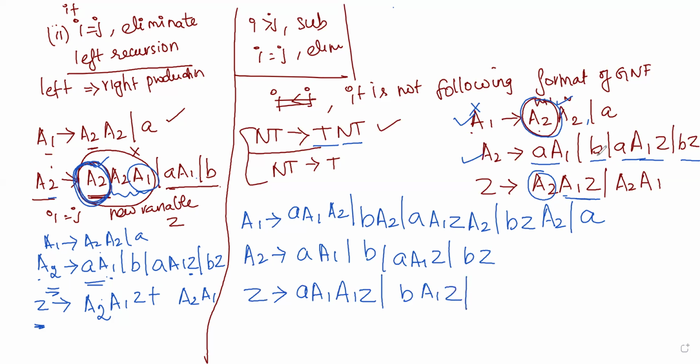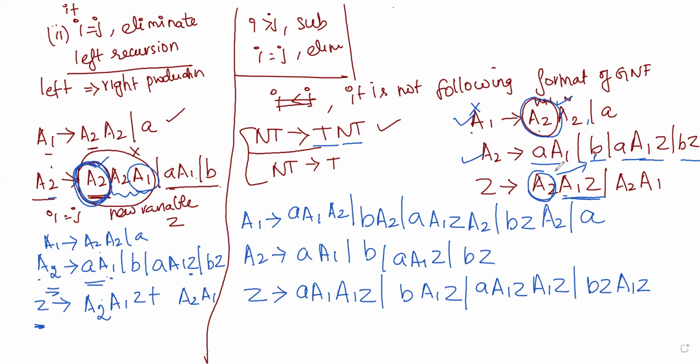Then A1Z, A1Z is the substitution of A2. Next, A1Z is available. Next, again BZ is the last terminal, so BZ, and A1 BZ is written instead of A2, and A1Z is written.